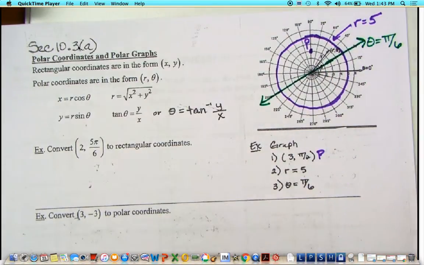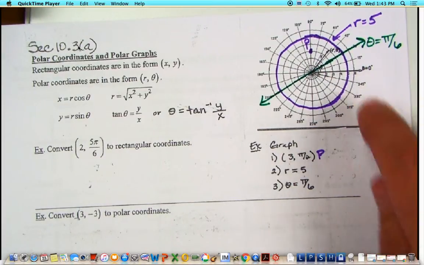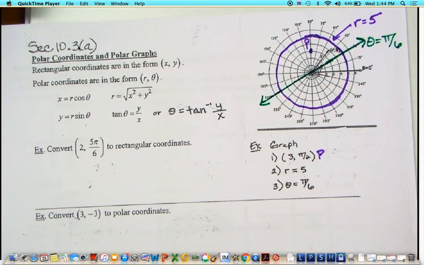Or sorry, it would go negative 3, 3 pi halves if you order it the right way, because you have to list it as r, theta. Or what? 3, negative 3 pi halves. Wouldn't it be 3, negative 3 pi halves? That's right.